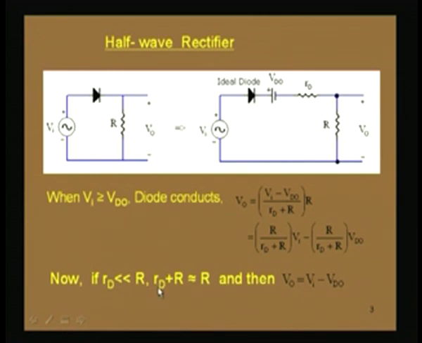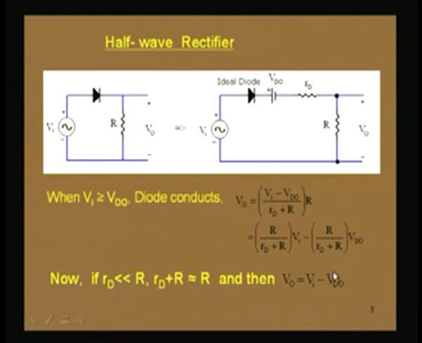And then this output voltage will have this expression as simply V_I minus V_D0, because if we replace this R_D plus capital R by capital R only, then these two cancel out in both of the terms. So, we get V_0 equal to V_I minus V_D0, and this is nothing but the approximate equivalent circuit of this diode which we have discussed earlier.